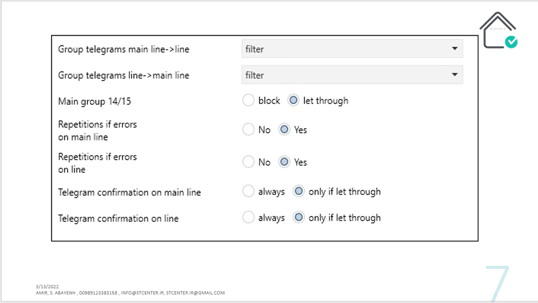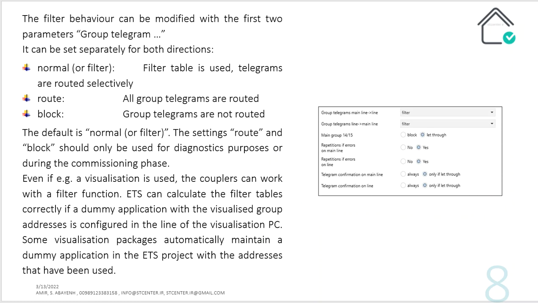Okay, good, we continue. When we want to make the decision about the transmitting of the data from the line to the main line or from the main line to the line, there are three options.